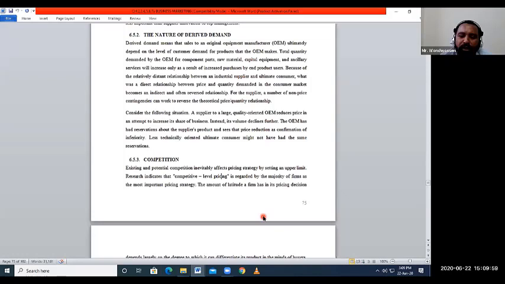So the maximum price or the upper limit of the price is set by the market or the competition. So if you set a price more than the market, no one will purchase your product. So you will lose the market share.